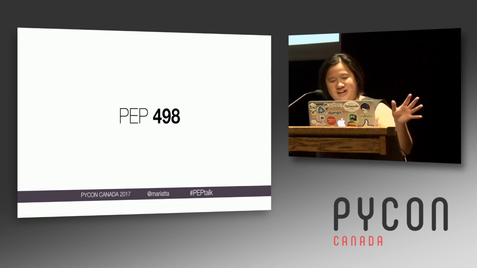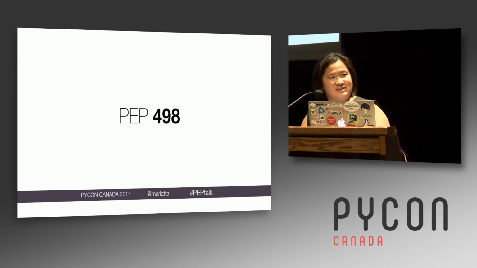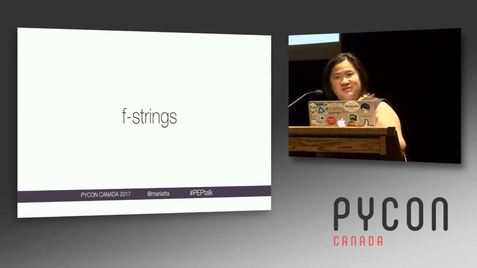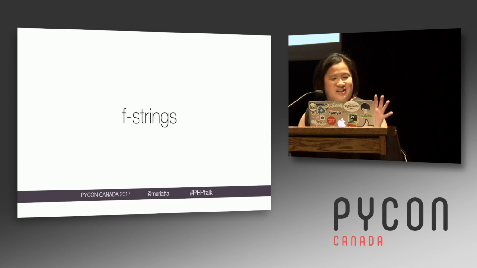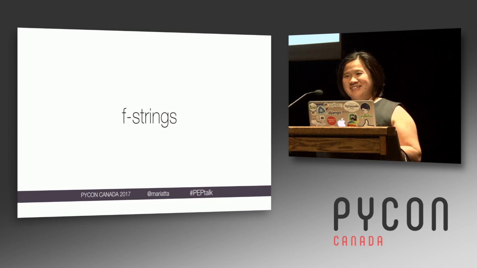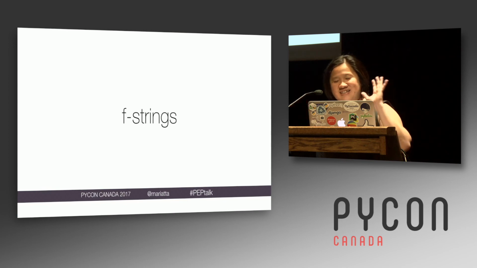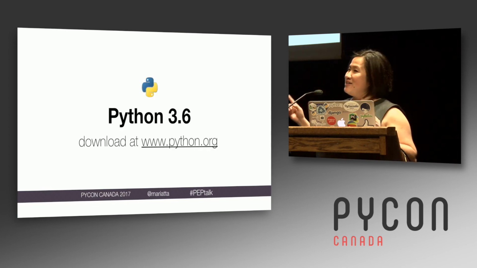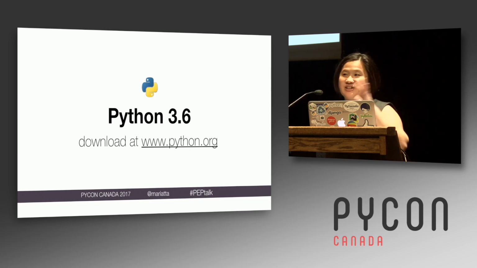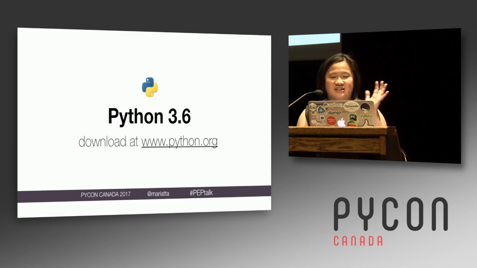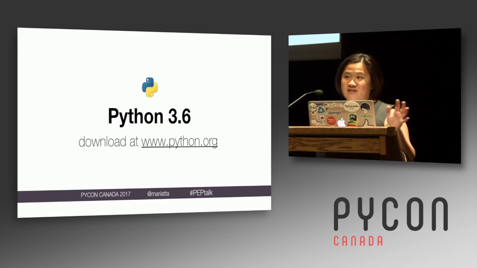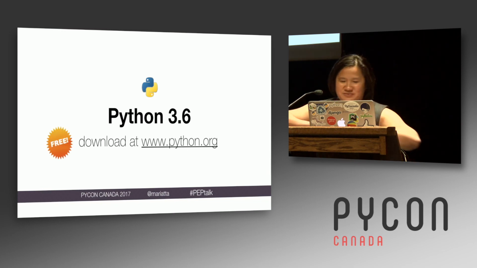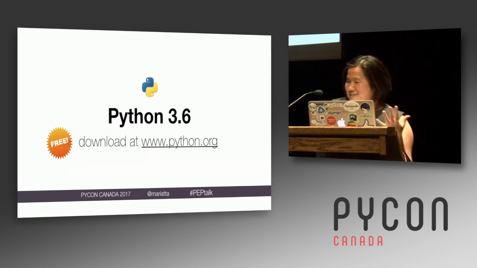So that's the story of PEP 498. And I know now you're really excited, you want to use f-strings. Good news, you can safely try this at home. All you need is Python 3.6. And if you don't have it yet on your computer, you can download it at python.org, and it's completely free. Don't need to give me your credit card.